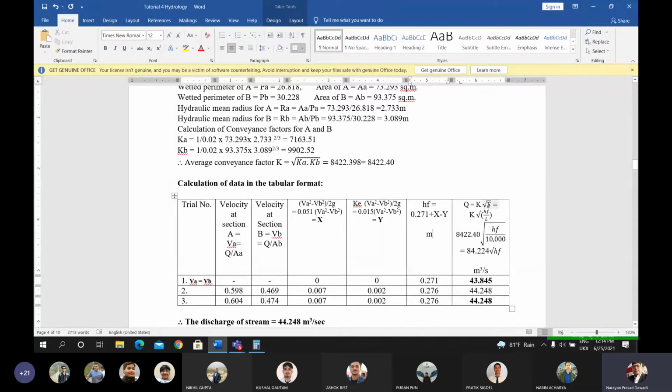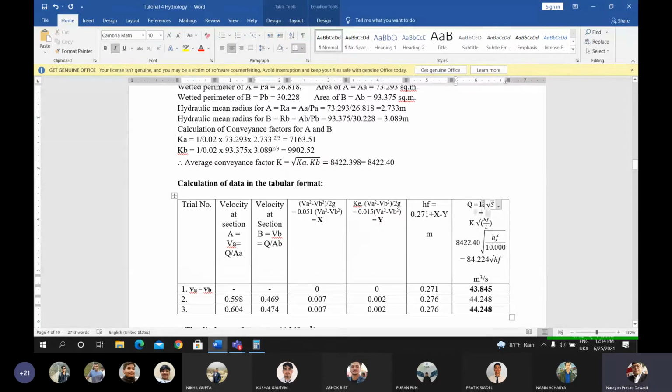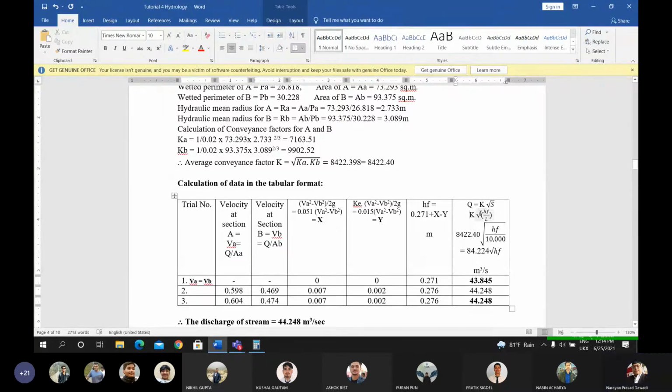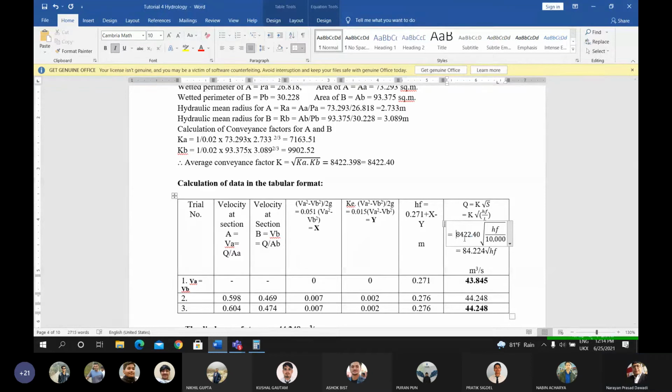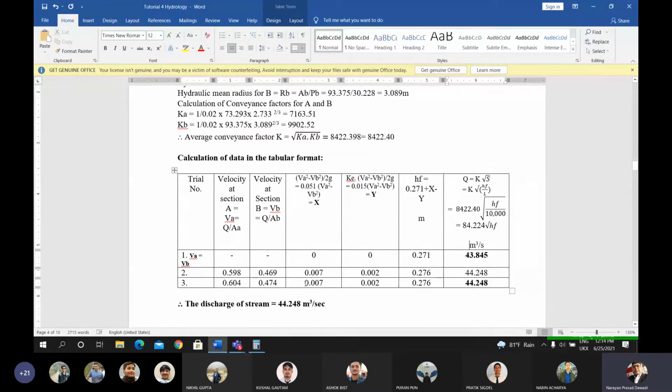If you put the values like this and simplify, Q will be this.